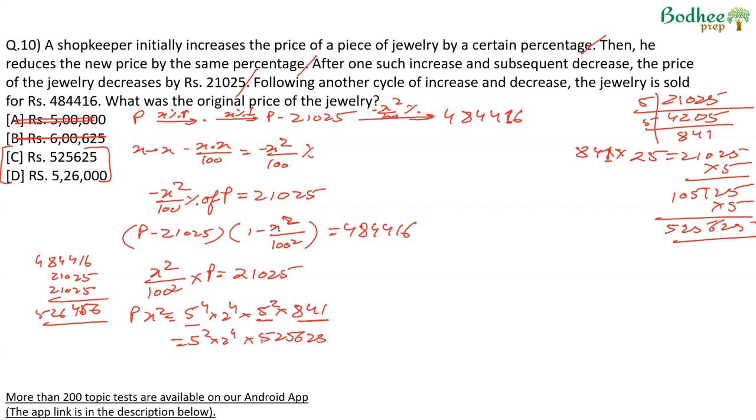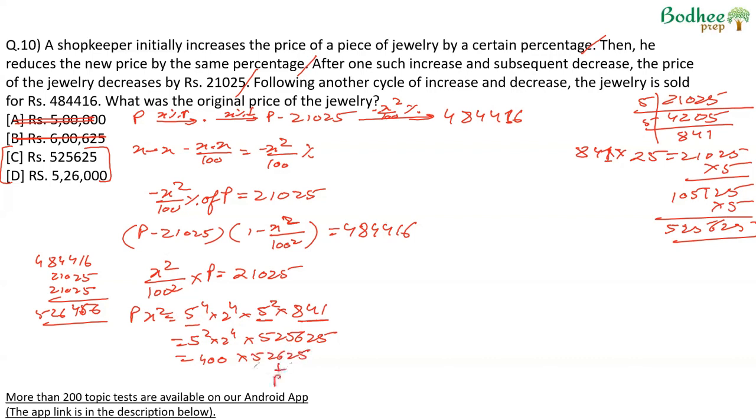525625. This will be 16 into 25, 400. So 400 into 525625.